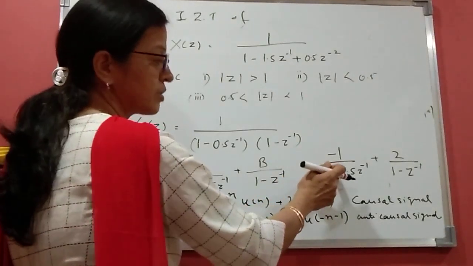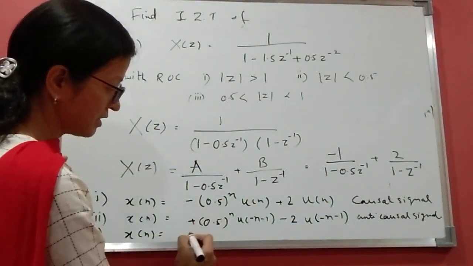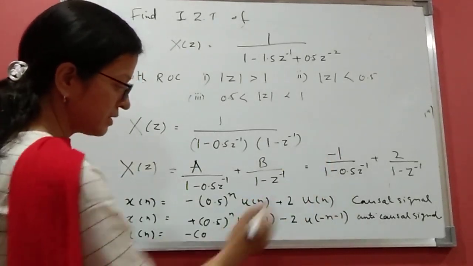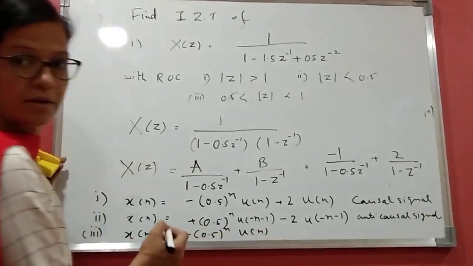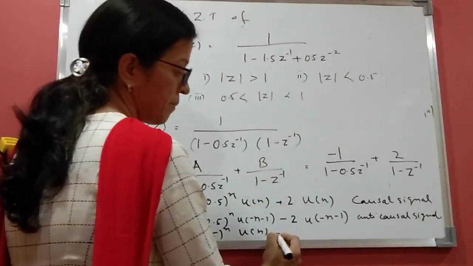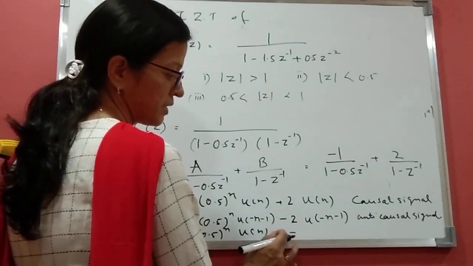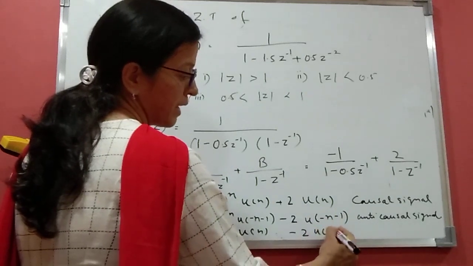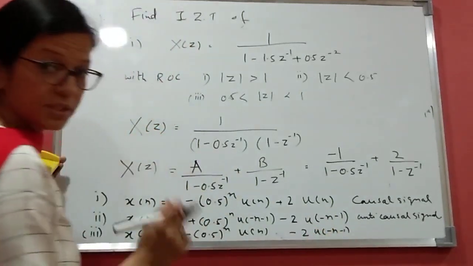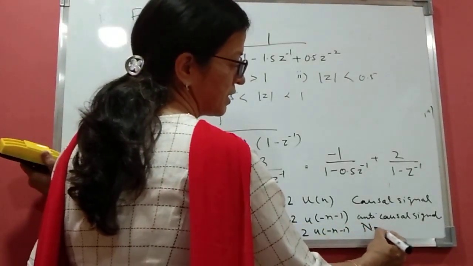For the causal part we write the same sign, minus 0.5 raised to n u[n], as this is causal, plus this is anti-causal, so plus and minus becomes minus, 2 u[minus n minus 1]. This combination of anti-causal and causal becomes a non-causal signal.